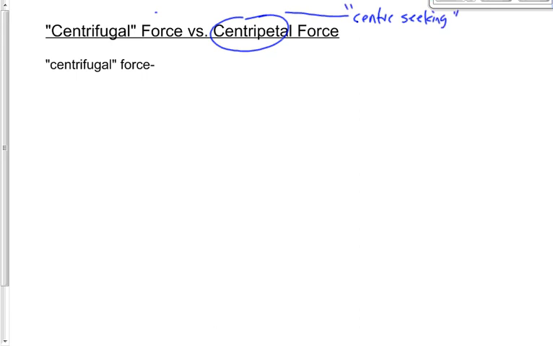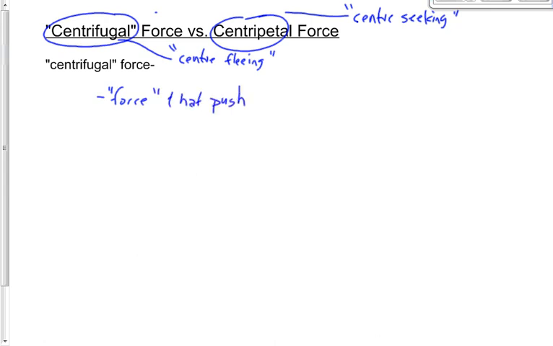Centrifugal means center fleeing. So in other words, a force that pushes it out from the middle to the outside. You guys have all experienced that before, right? The centrifugal force, the force that pushes something to the outside of a circle.